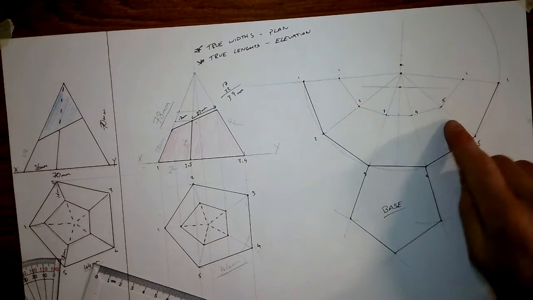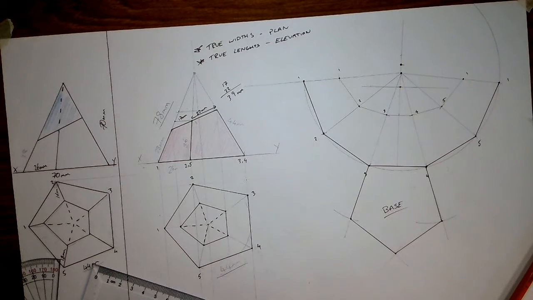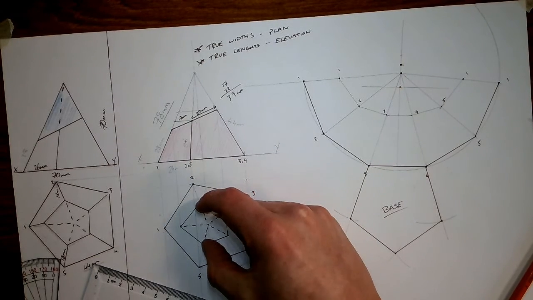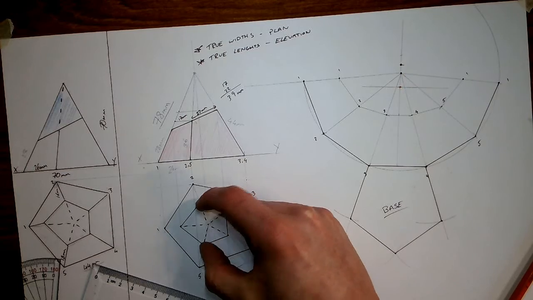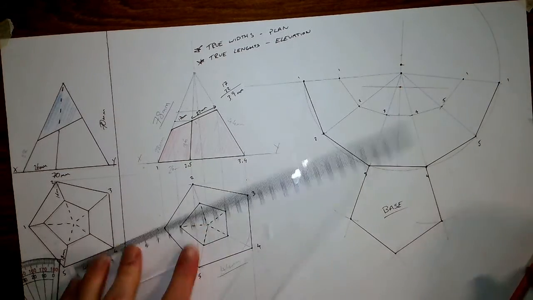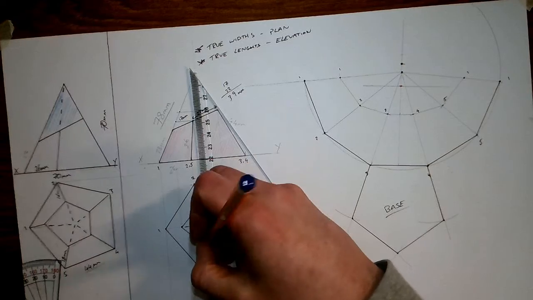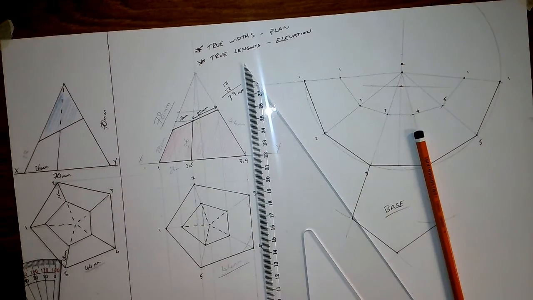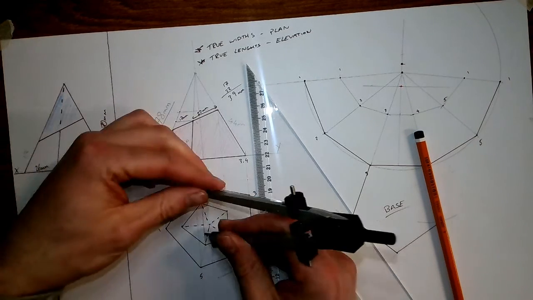So the distance between points 2 and 5 is what we need along here. That's just going to be that width there. So again, you just get your true width from plan. What I'll do is join a straight line. You should see it joins the 2 of them together. I'm just going to get my compass and measure from the centre point out.